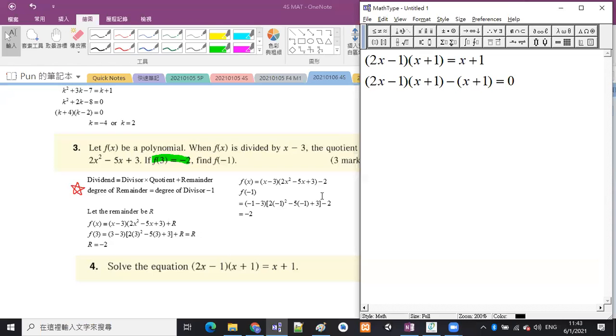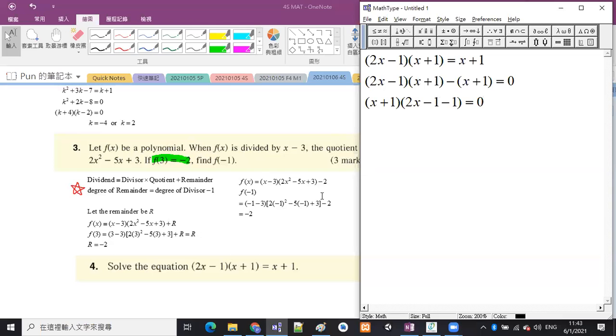Okay, and then I move that bracket to the left until the right-hand side is equal to 0. So now this x plus 1 and this x plus 1 is a pair of common factor. Then we can take out the common factor and write down the remaining factor, 2x minus 1 minus 1 equals 0.